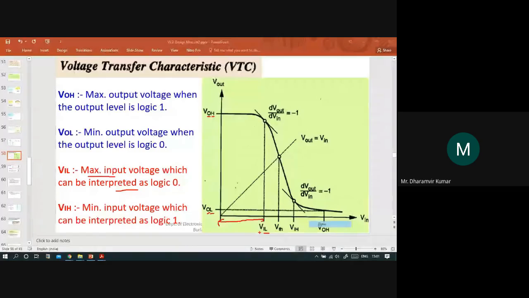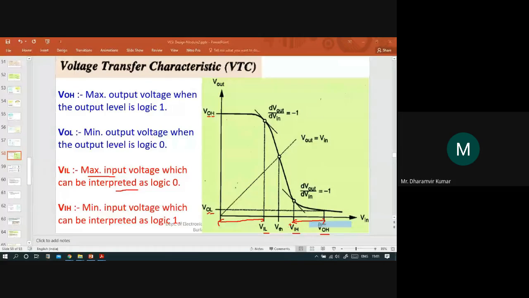And similarly, we have one more parameter, VIH. I for input, H for high. At the input side, the range for logic high lies between VIH and VOH, where VOH is the maximum value and VIH is the minimum value. Above VIH we can assume that the input is high, but below VIH we cannot.